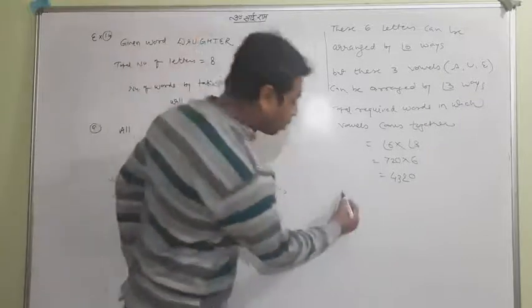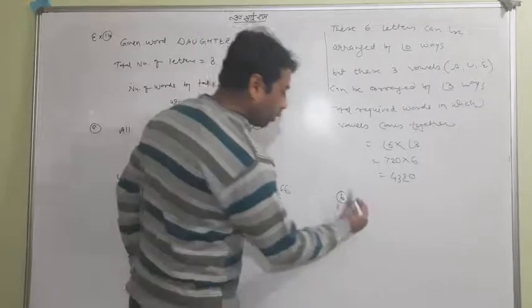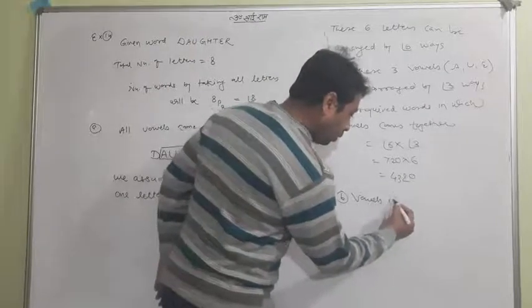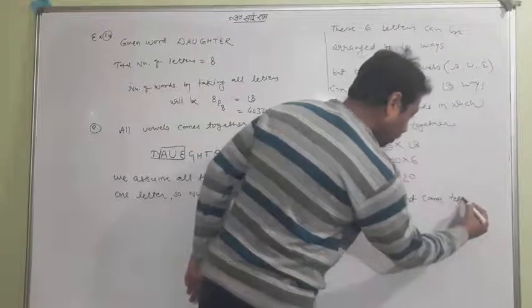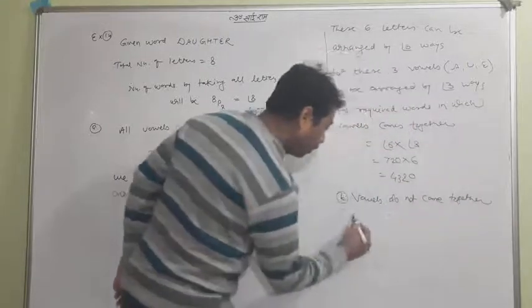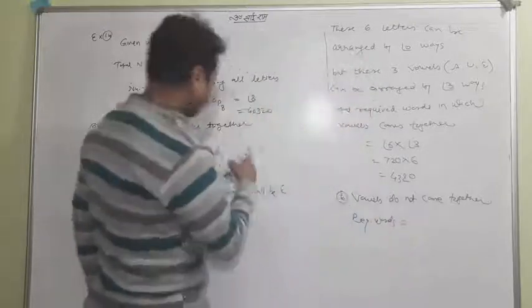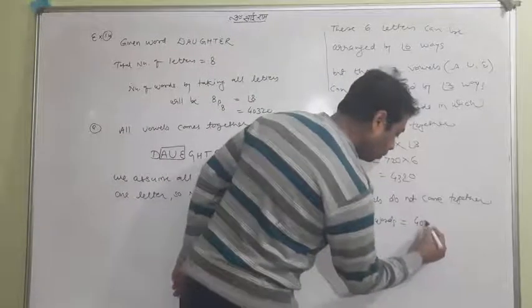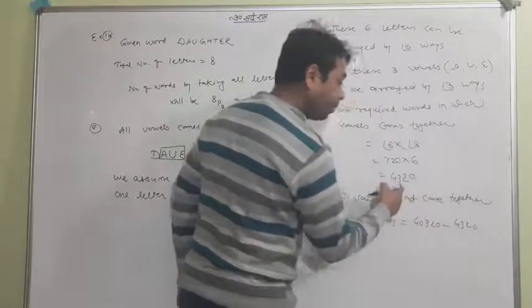Now what is question number B? Can you read in the book? All vowels do not come together. Vowels do not come together. What do you think we will do? The required words will be, this is the whole answer, and these are the restricted ones where vowels came together.